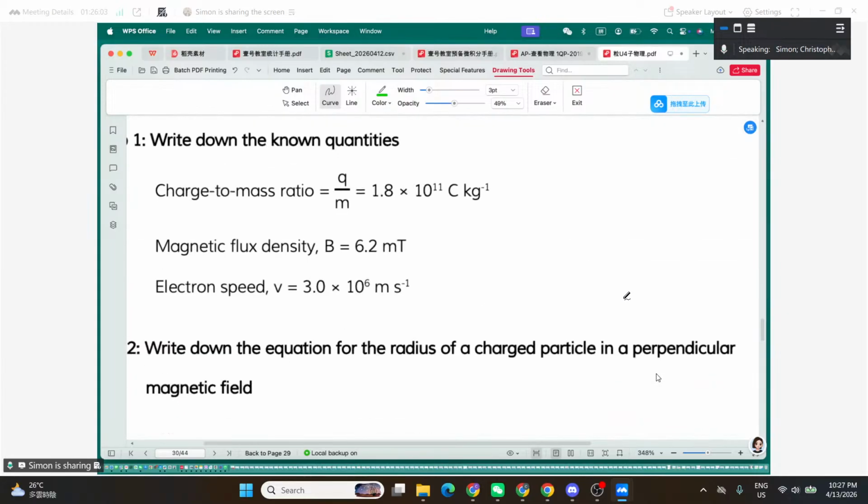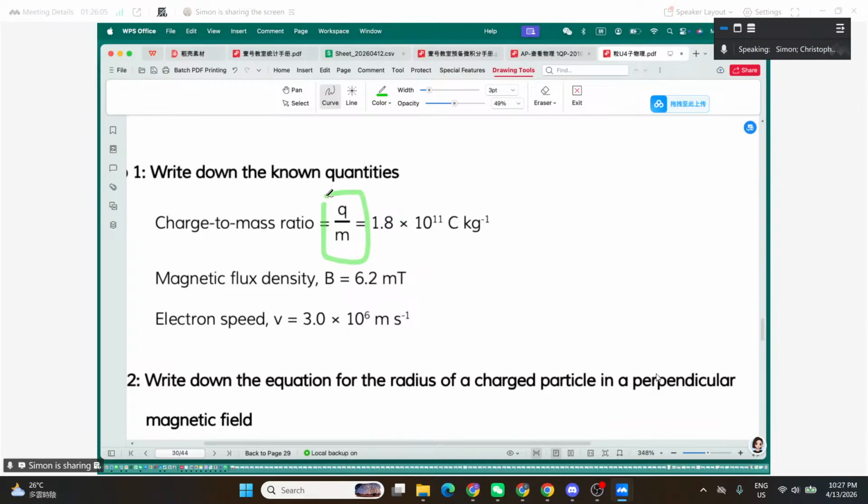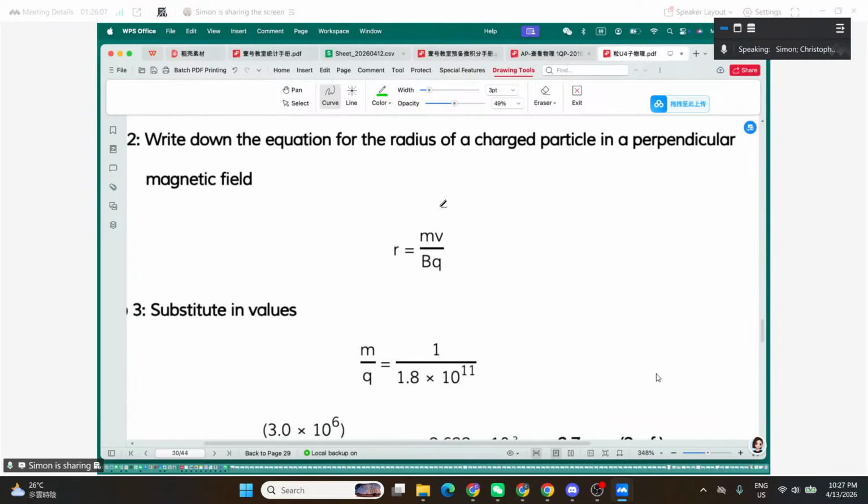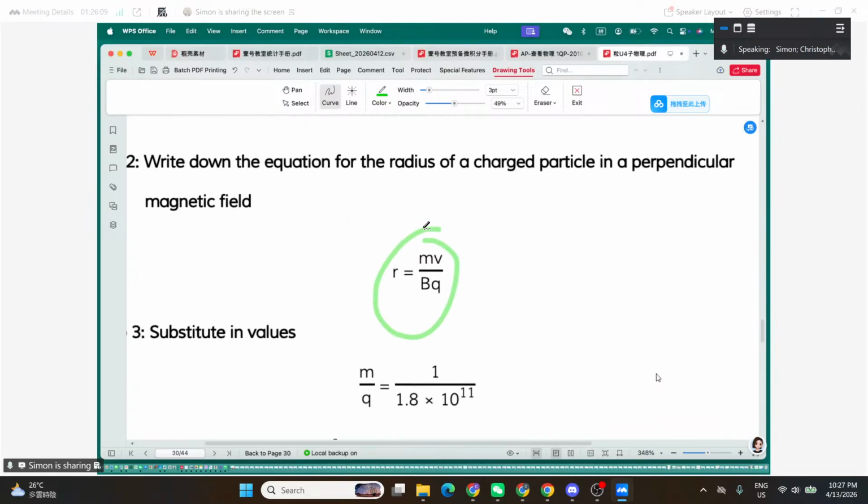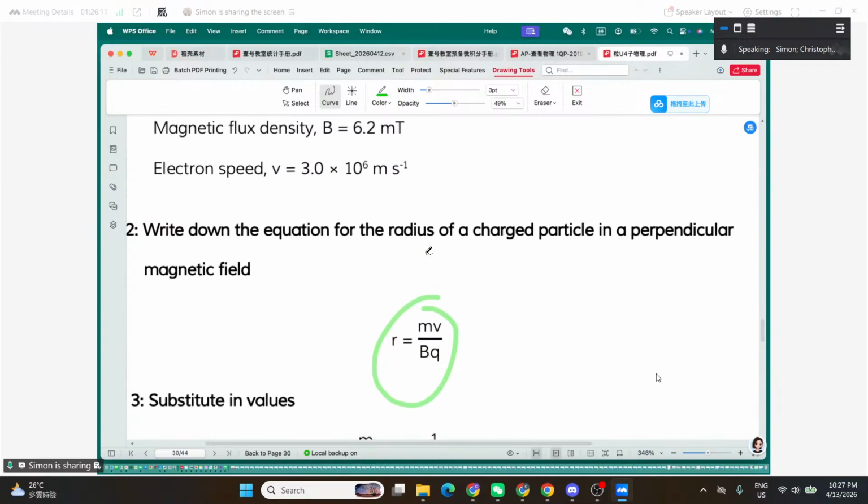You use this formula because the radius that we have just learned is mv over BQ.